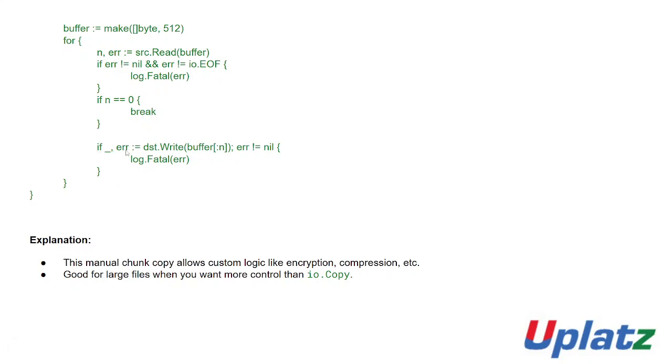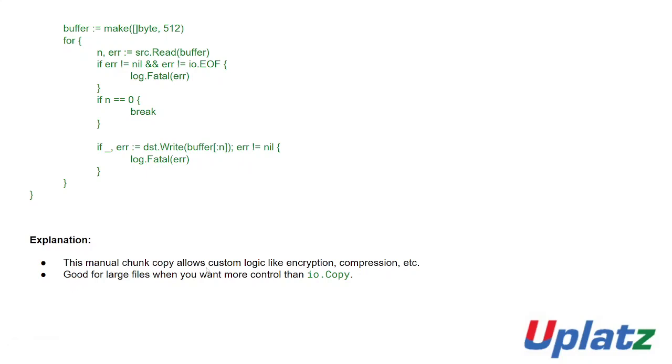If _, err := dst.Write(buffer[:n]); err != nil, log.Fatal(err). You will copy in this way.